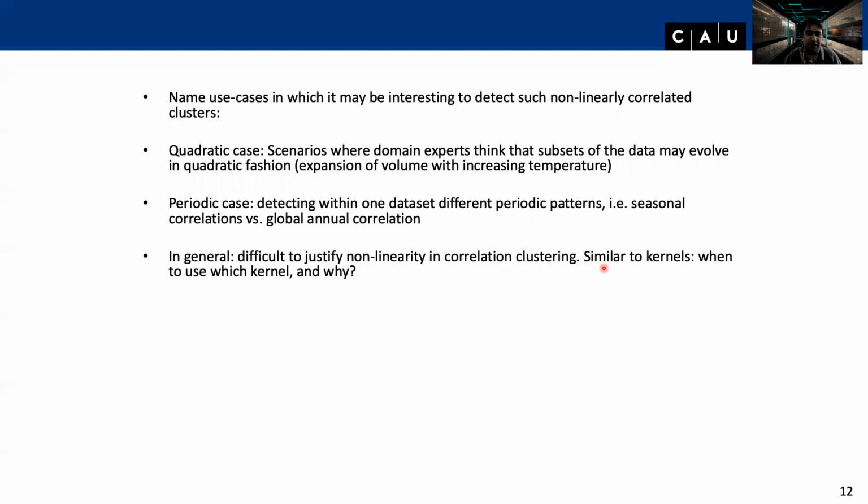Now you may say, okay, what should we do? Well, what you can do: the linear correlation clustering itself is also a means to detect nonlinearities. Because if you recall, local PCA itself has been used to detect nonlinearities within a data set in 1993 in the NeurIPS paper.